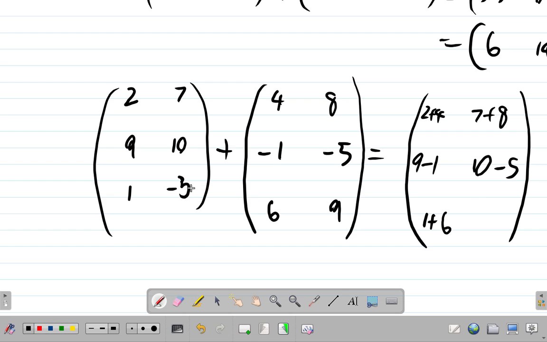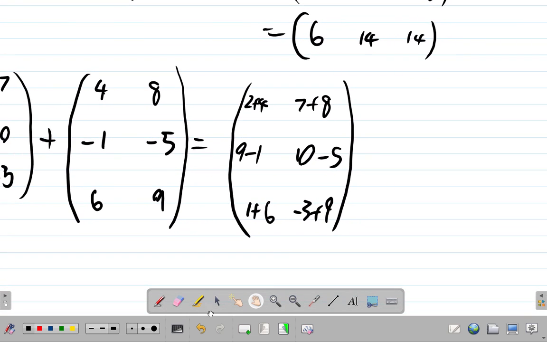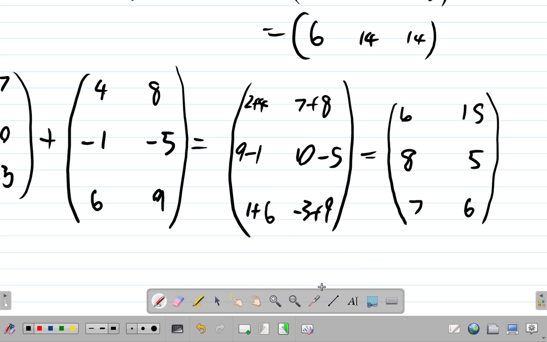In row 3, column 2, you have negative 3 plus 9 here. So now you're going to add them. 2 plus 4 is 6. 8 and 7, 15. 9 minus 1, 8. 10 minus 5, 5. 1 plus 6 is 7. And negative 3 plus 9 is 6. There you have it.